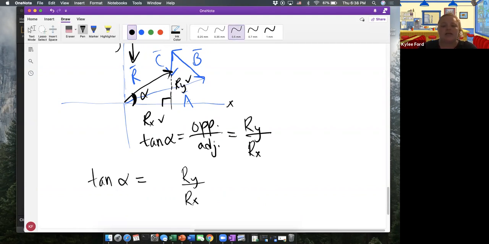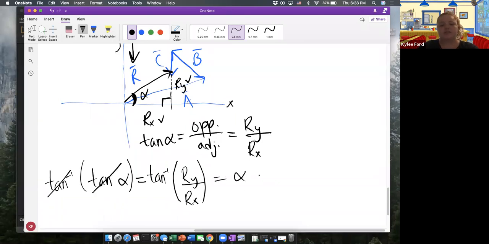To get alpha alone on this side, I take the inverse tangent of both sides. Hopefully you've heard of this. If not, it's inverse tangent, also called arctan. This is a little bit of trig that I haven't discussed yet. The inverse tangent will cross out the tangent, and we will be left with just alpha.